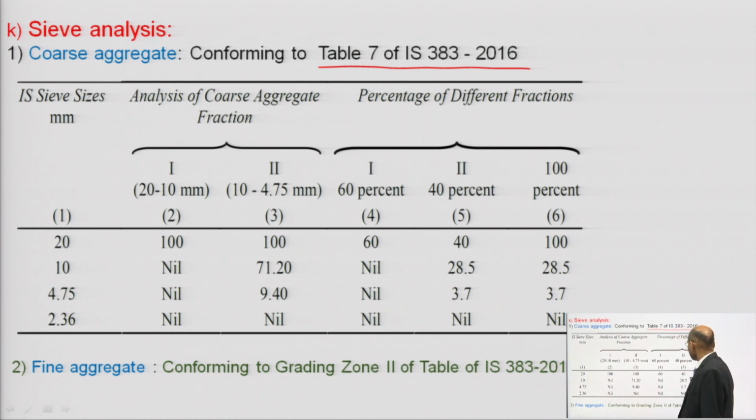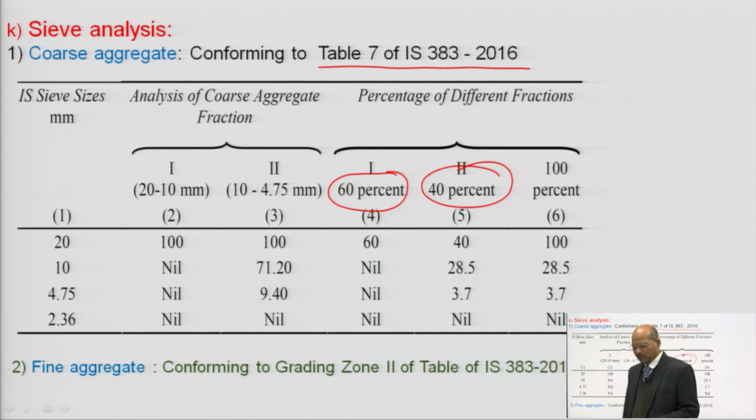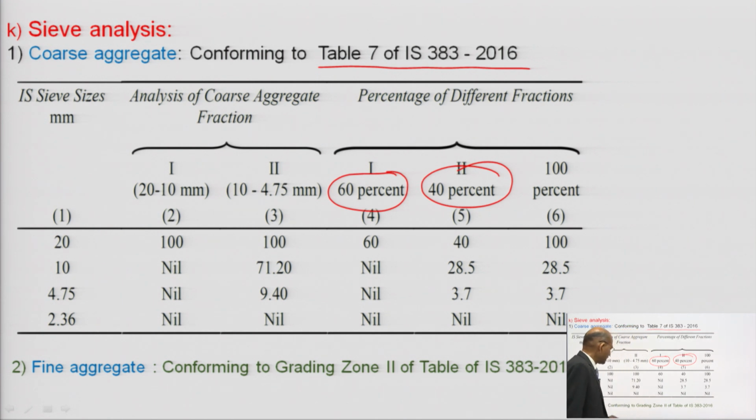Their proportion is 60% of 20 to 10 mm size and 40% of 10 to 4.75 mm size. And for fine aggregate we have done the sieve analysis, see table number 9 of IS 383-2016.